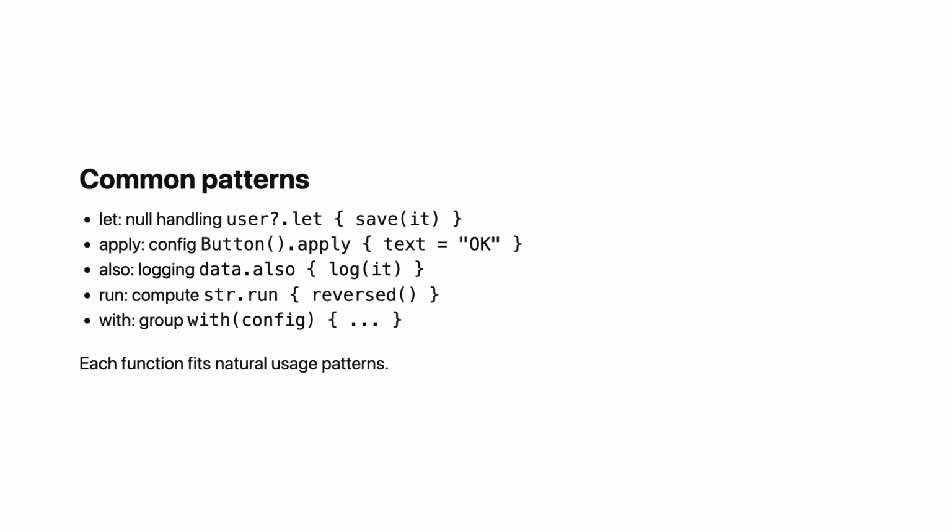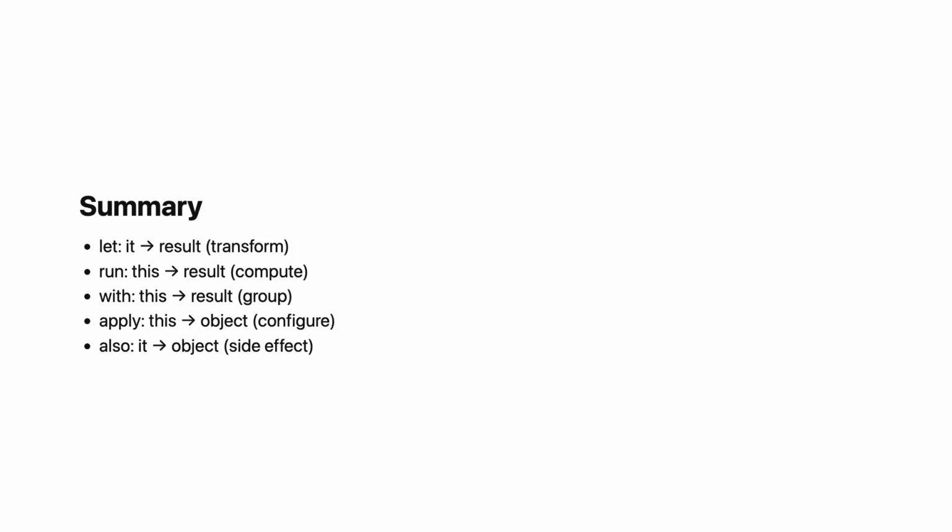Computing with run: val reversed = text.run { filter { it.isLetter() }.reversed() }. Grouping calls with settings { volume = 10; brightness = 80 }. Each scope function fits naturally into these patterns.